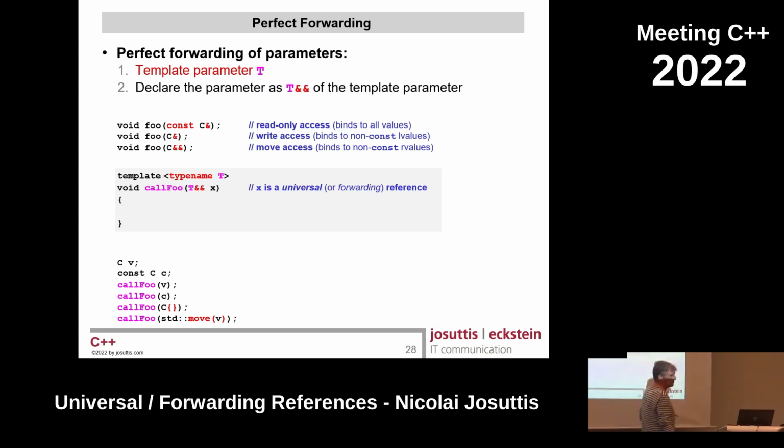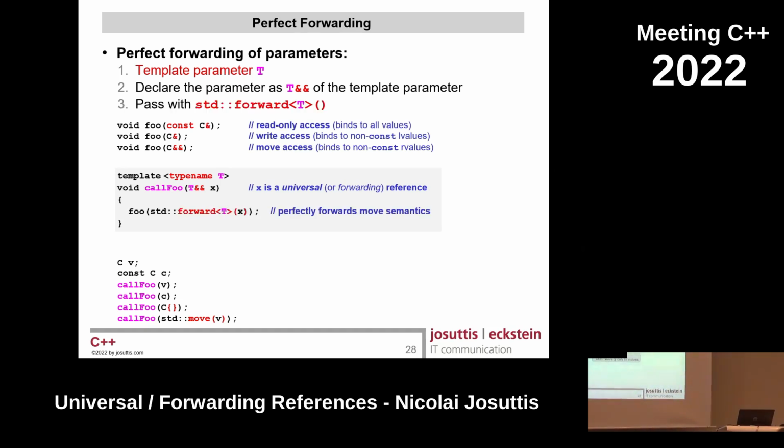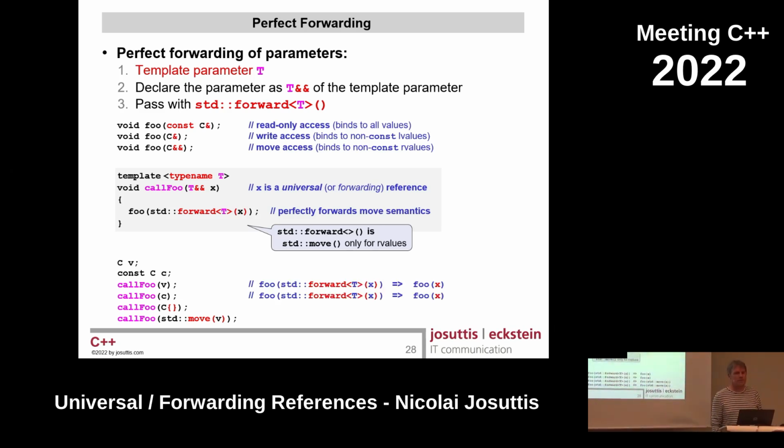You need to declare an rvalue reference of the template parameter, and you need forward. This combination of these 3 things does the right thing. The magic is that this forward becomes a move if what you pass is an rvalue, so it has move semantics. And if what you pass is an lvalue, it does not move.